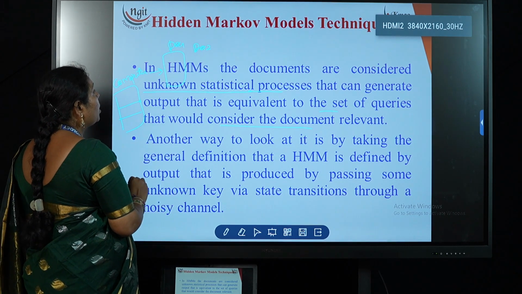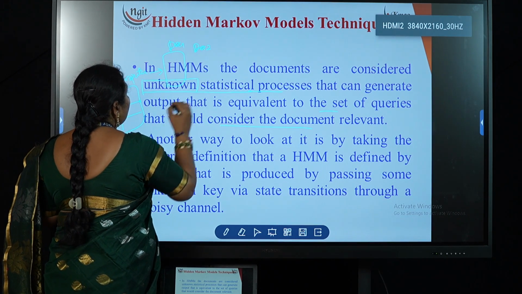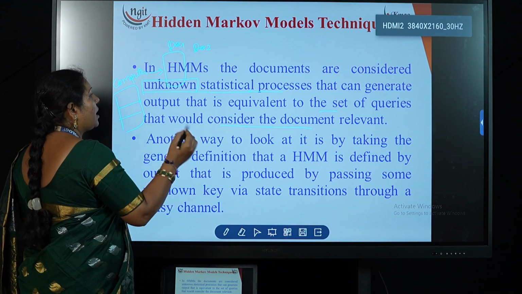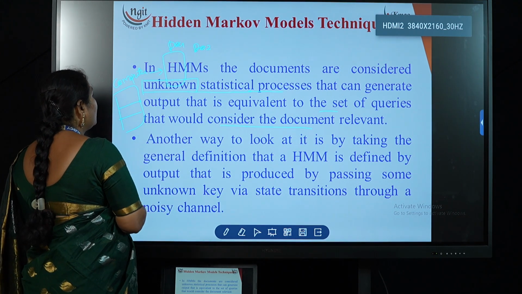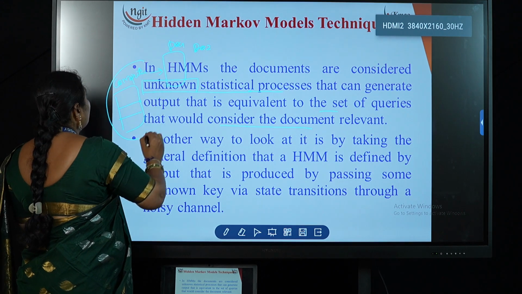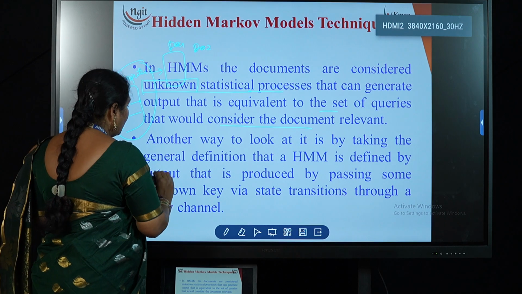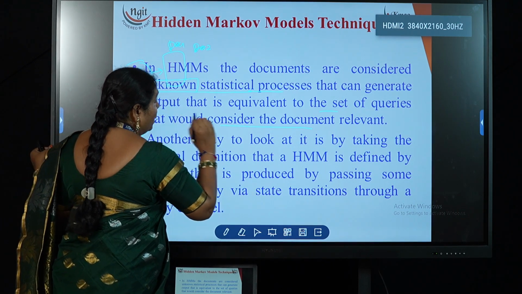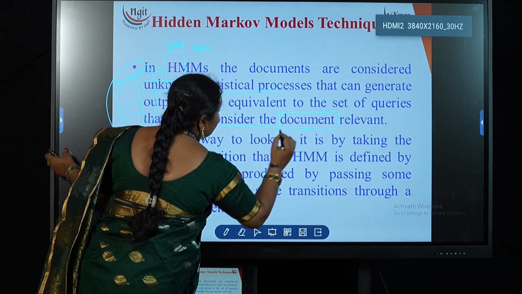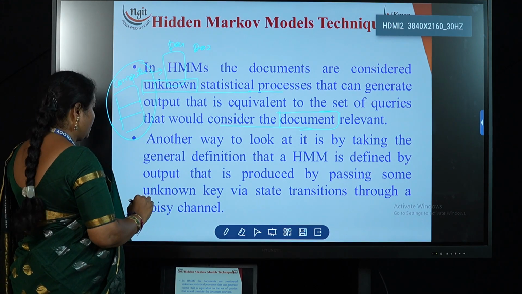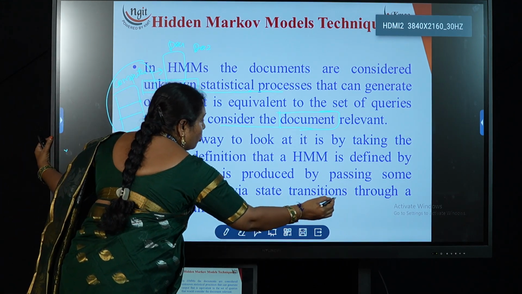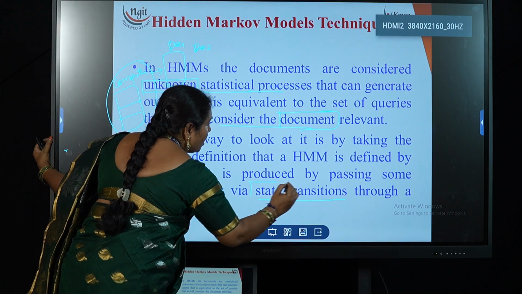But in this hidden Markov model, we will not use any statistical process. We will directly incorporate it without knowing the previous information about your data which is already stored. You have to remember that whatever document is relevant, we have to consider that document. And we can also use state transitions.